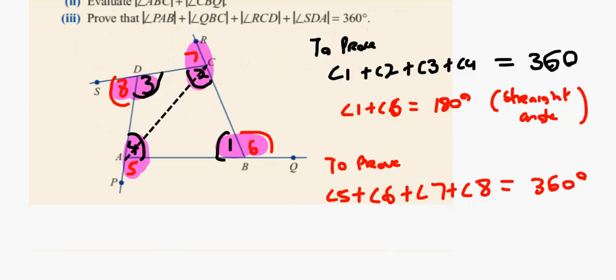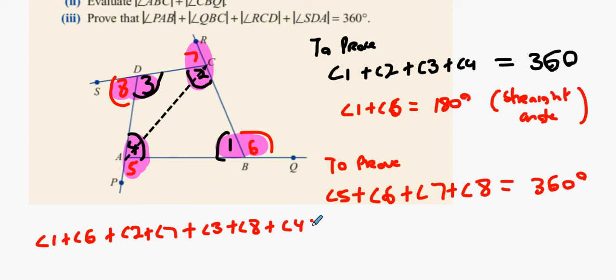So what we can say here is that angle 1 plus angle 6 plus angle 2 plus angle 7 plus angle 3 plus angle 8 plus angle 4 plus angle 5 equals 720 degrees for straight angles.